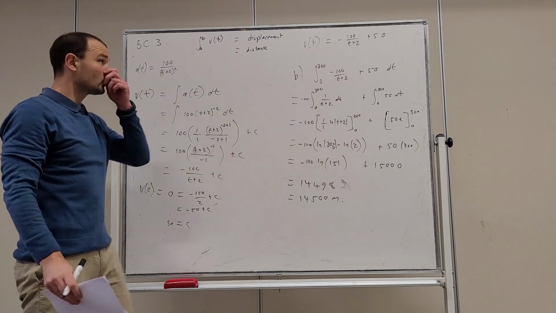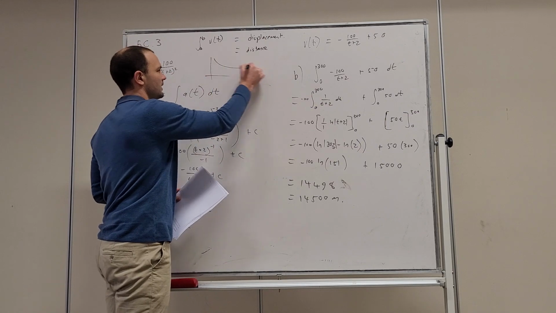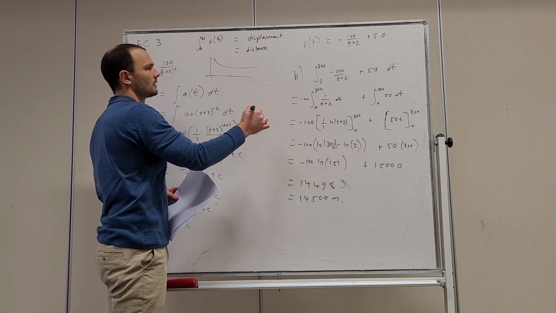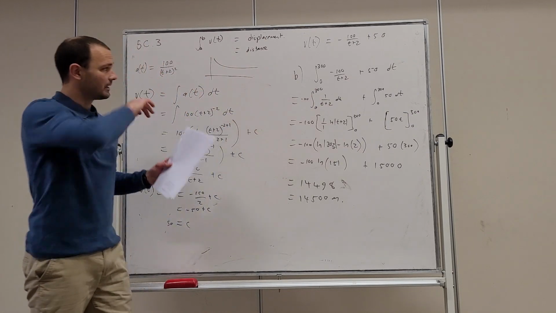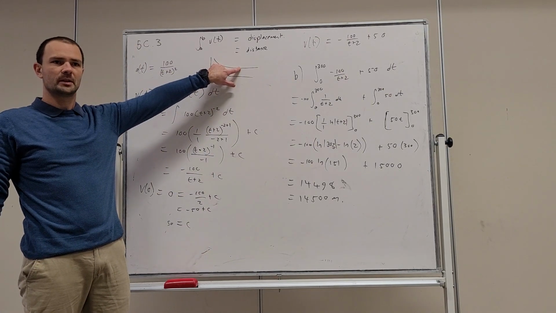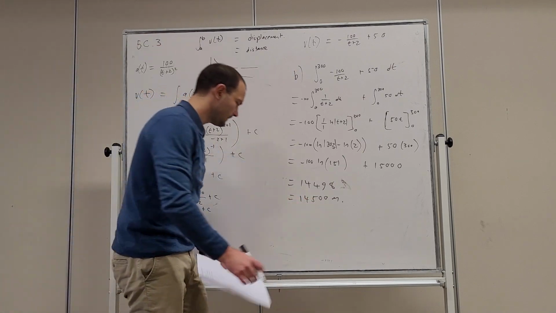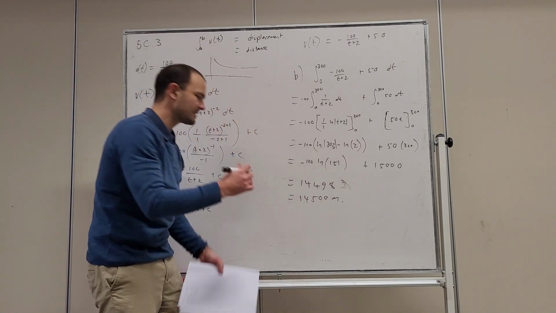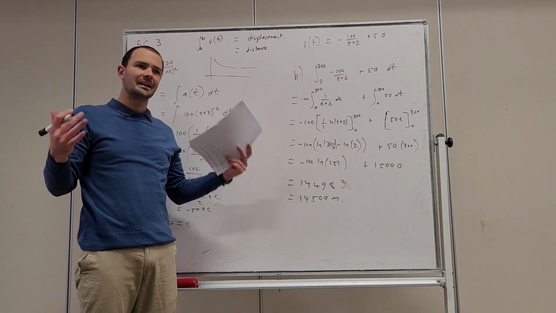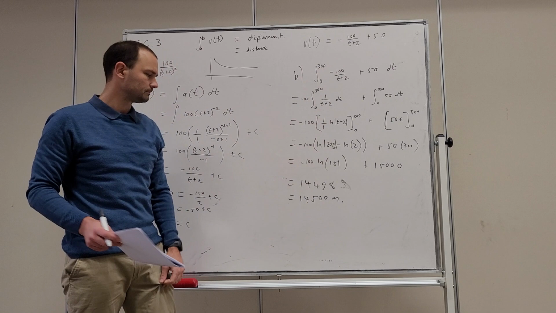And if you look at this velocity function, all right, it's going to look something like this, I think. Something like that anyway, but it's always positive. So the velocity is not changing direction because you never have negative velocity. So you can say 14,500 meters, that's how far it's travelled in the first 300 seconds, in the first 5 minutes, right?